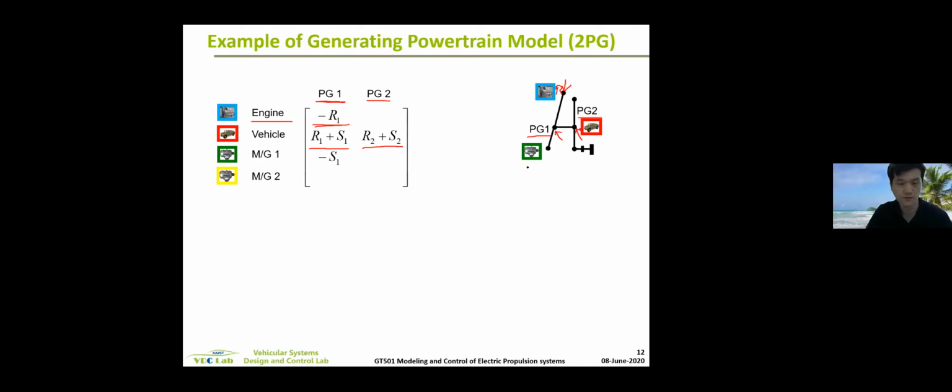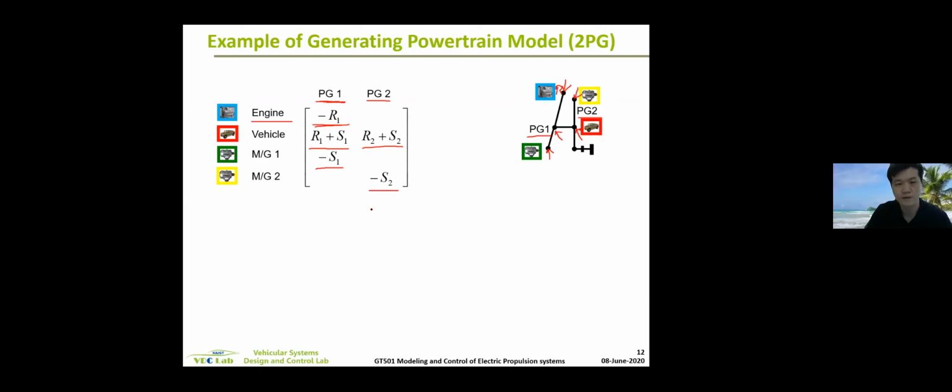And then next, MG1 is connected to this node, which is sun gear. So you put negative S1 for the PG1. And then MG2 is connected to this node, which is sun gear of PG2.